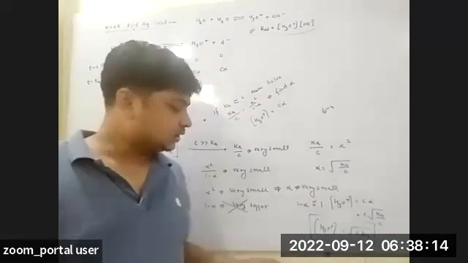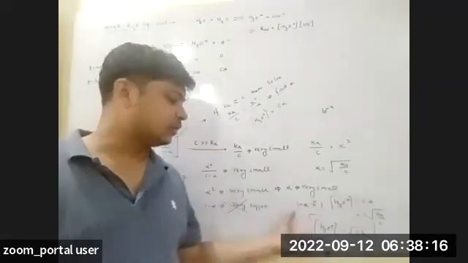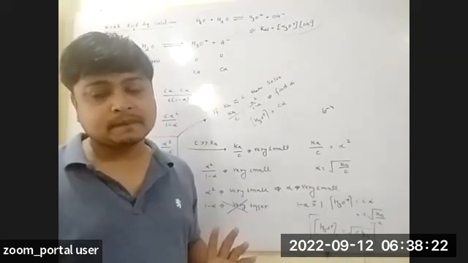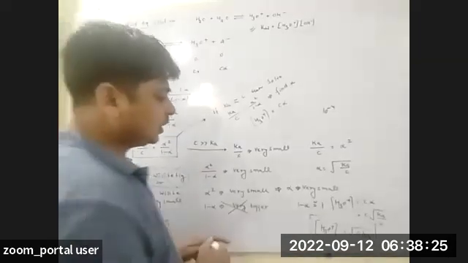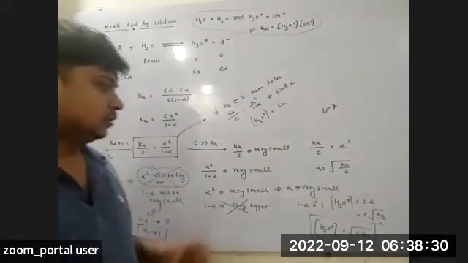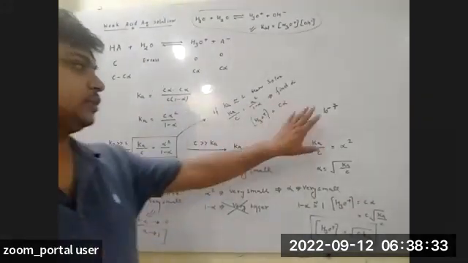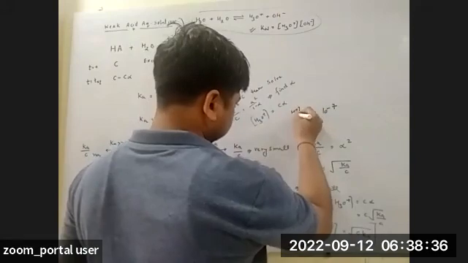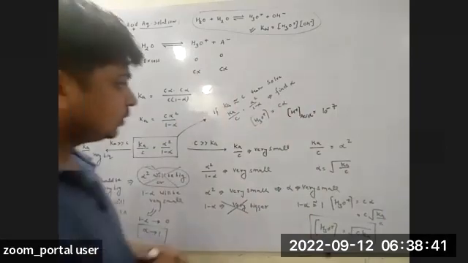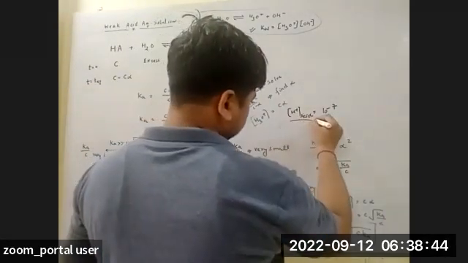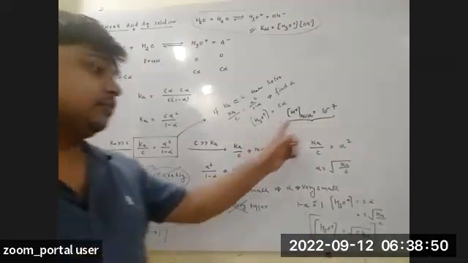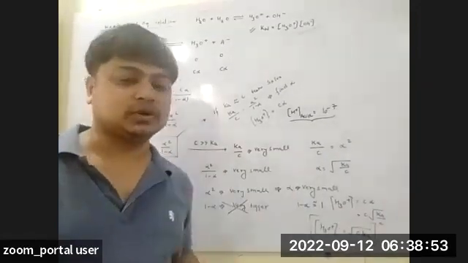So what is my recommendation? First, you calculate H plus ion coming from acid only. Suppose you are getting this number as 10 to the power minus 7. Now, if H plus ion coming from acid is 10 to the power minus 7, this number is close to H plus ion from water.